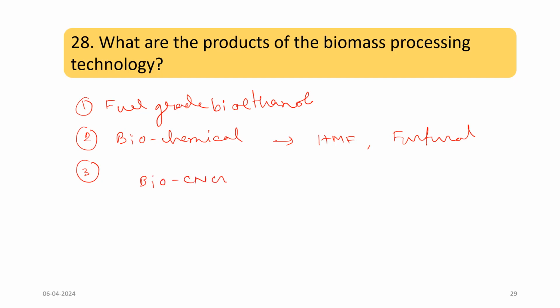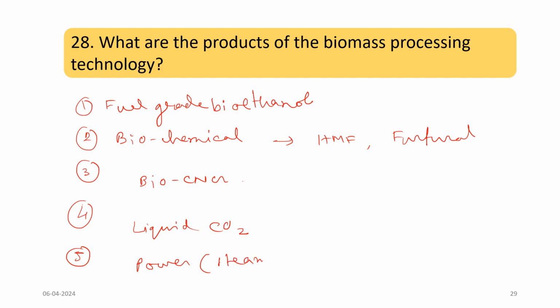So bio-compressed natural gas can be used in small autos where you now use CNG. Four is liquid CO2. The fifth one is power, like steam.